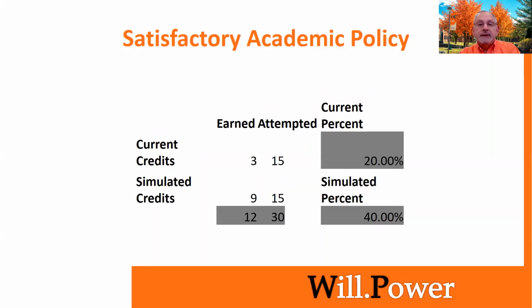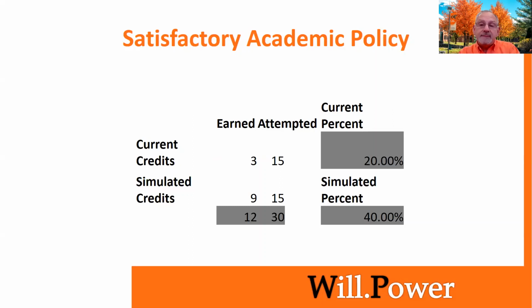Here's a student who, in their first semester, only earned 3 credits. That means they might have withdrawn from a few classes or maybe earned some Fs or FN grades. So their completion rate was only 20%. In their second semester, they did better. They earned 9 credits over 15, but the total combined is only 40%.